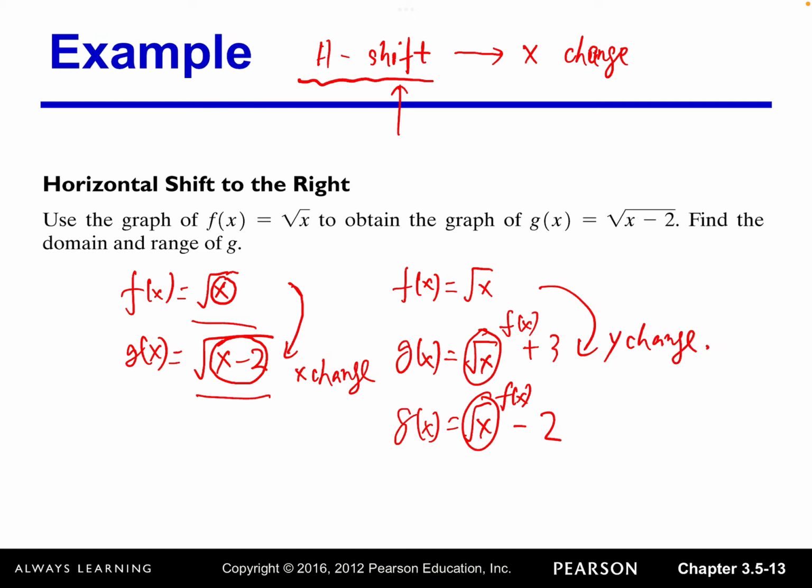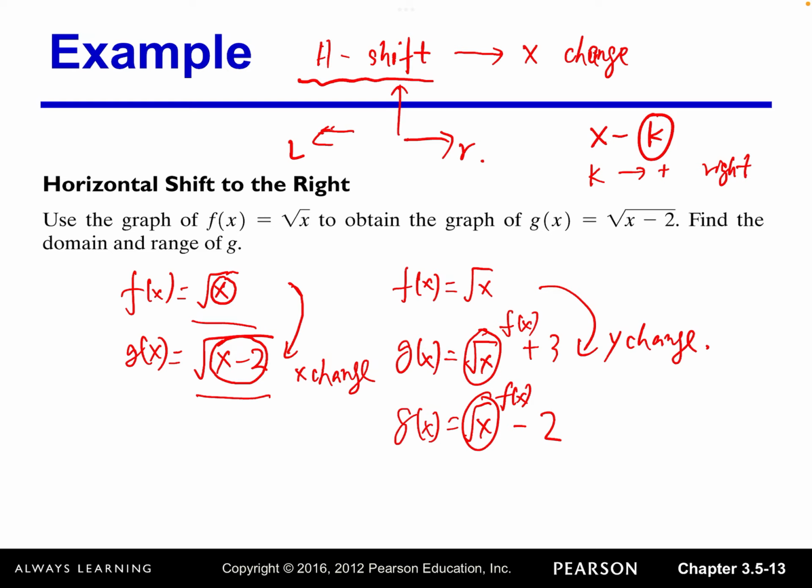So X change is associated with the horizontal direction. Plus or minus is a shift, and it's a shift to the left or to the right. The horizontal direction will either shift to the left or shift to the right. So the principle is this: x minus k, when k is positive, shifts to the right.